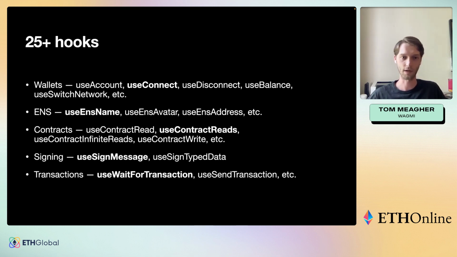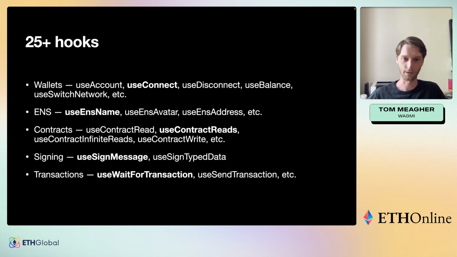Right now Wagmi has 25 plus hooks, dealing with things like wallet connection, ENS information, interacting with contracts, signing data, and sending transactions. I just highlighted a few here. useConnect is a really great and quick way to connect wallets to your application. useEnsName is really good for fetching an ENS name for an address.